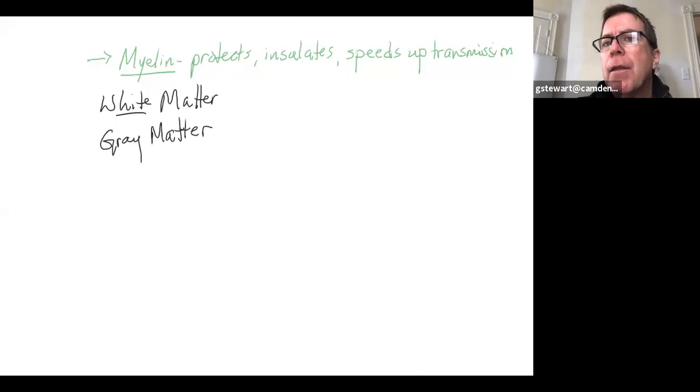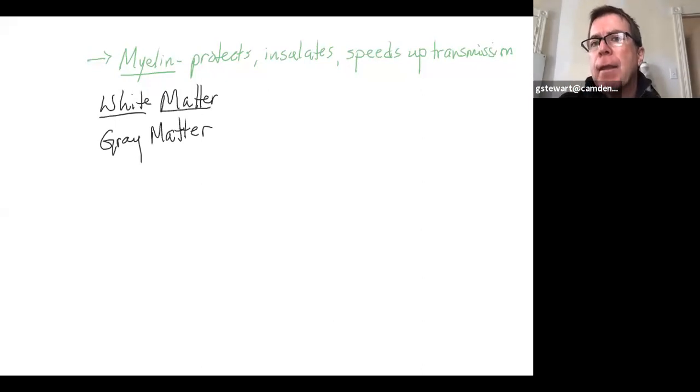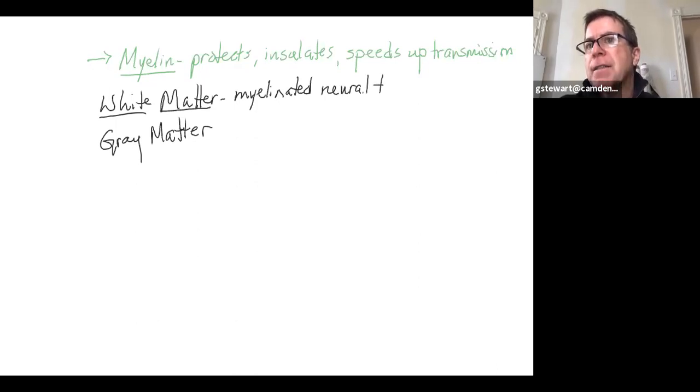White matter, now that you know what myelin is, in the brain is myelinated, because myelin tends to be white, myelinated neural tracts, TRACTS. That means transmission pathway.